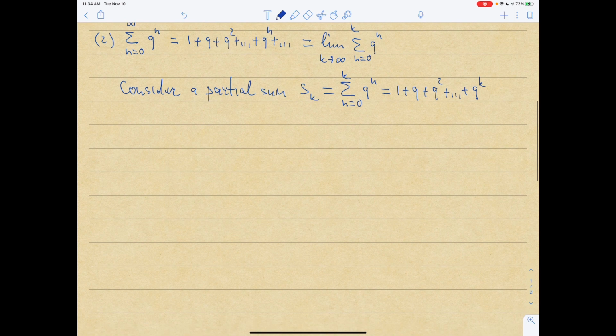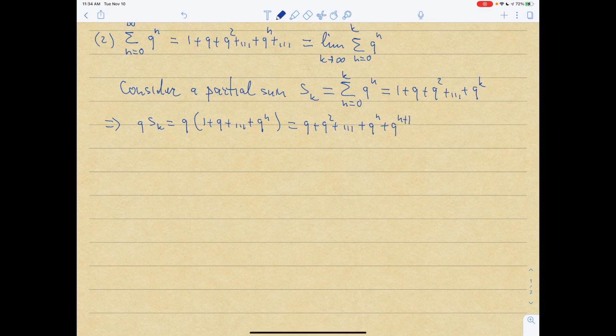Let's try to multiply S_k by q. So q times S_k should be q times (1 plus q plus etc. plus q to the k). Then I can multiply all terms out by q. This will give me q plus q squared plus etc. plus q to the k plus q to the k plus 1.